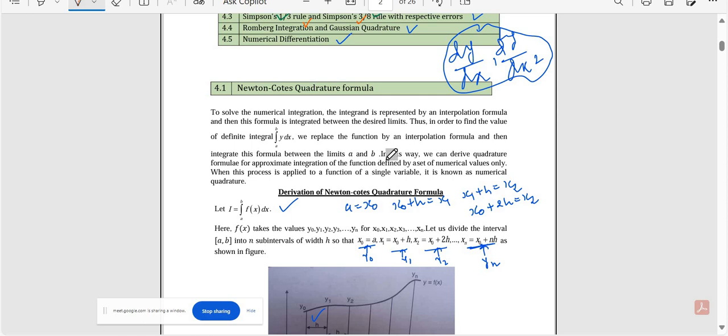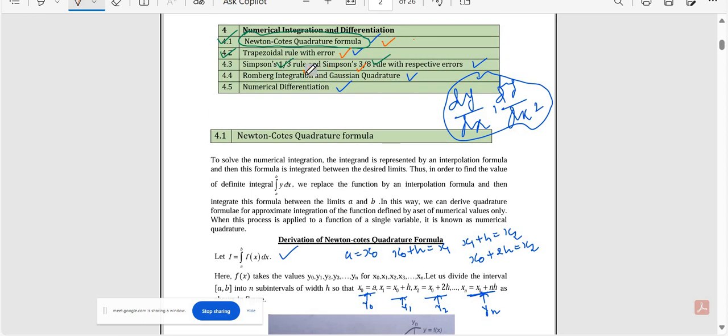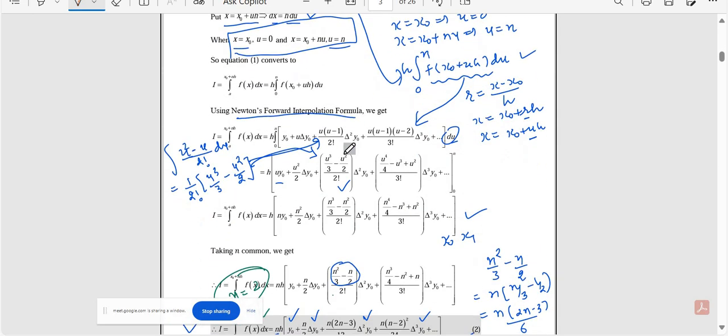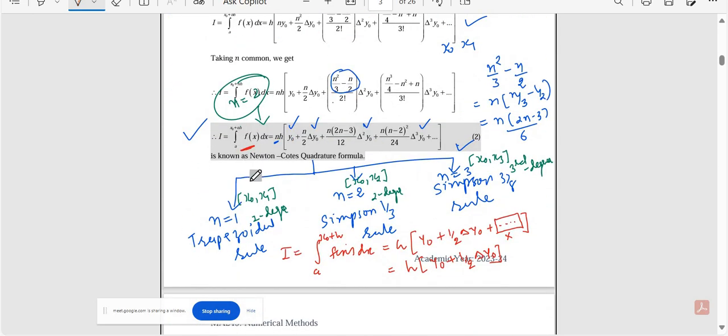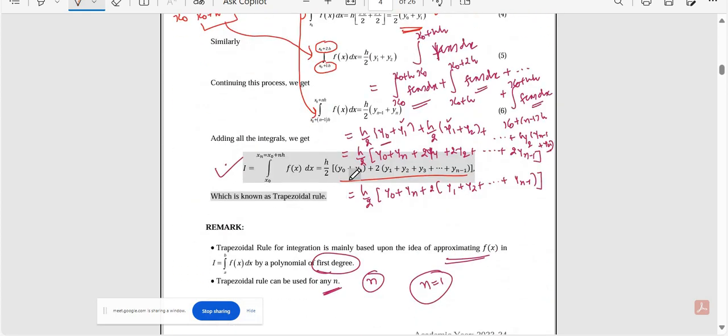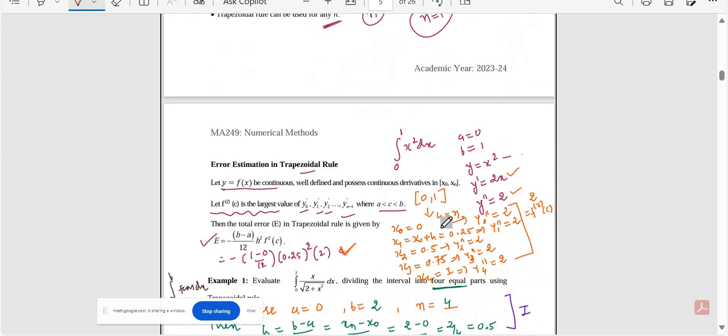In Romberg integration, we focus on the trapezoidal rule, taking the help of it. The formula for the trapezoidal rule is h by 2 times y0 plus yn plus 2 times y1, y2, y3 up to yn minus 1.